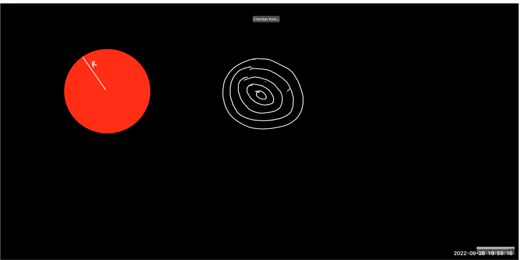And you also realize that every ring has some thickness. It is not zero thickness. It is one ring with some thickness, then another ring. So a stack means we have a stack of thin rings, one over the other. And if you put them in a sequence, it will give you the sense of a disk.